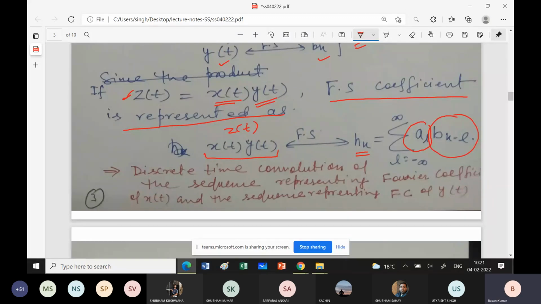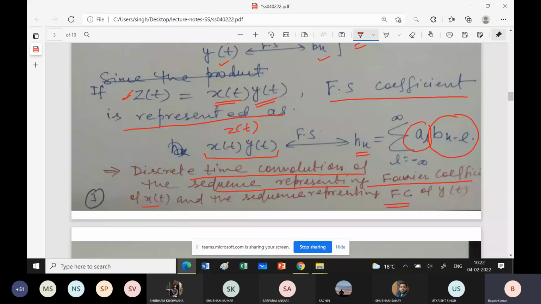So it is a discrete time convolution of the sequence representing the Fourier coefficients of xt, and the sequence representing the Fourier coefficients of yt.